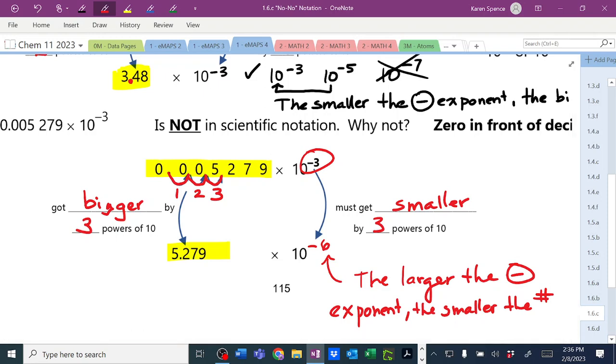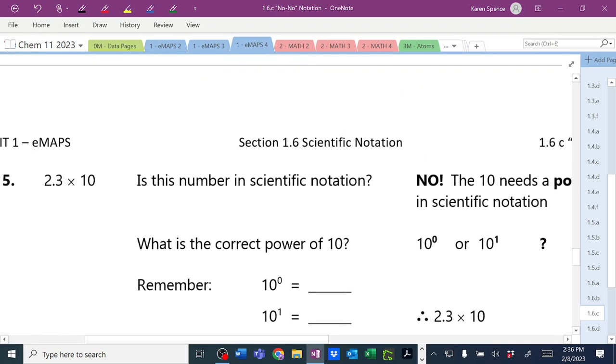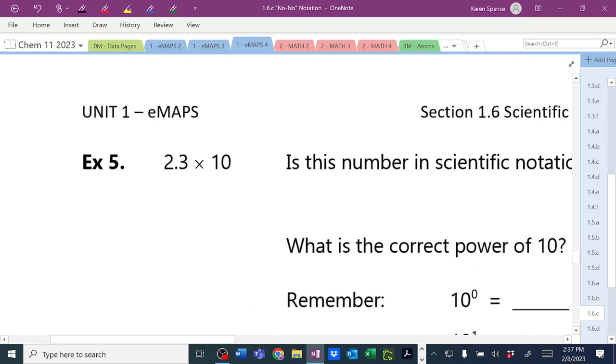And now we have just 2 funny little ones. Here's one. Is this number, example number 5, in scientific notation? No, what's missing? We need a power on our 10. And I'm going to give you a couple of choices here.